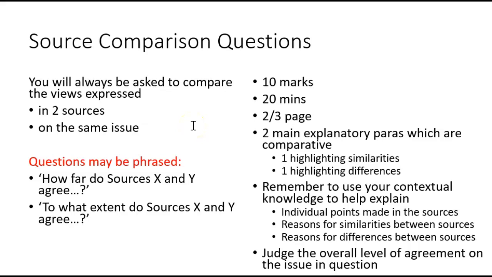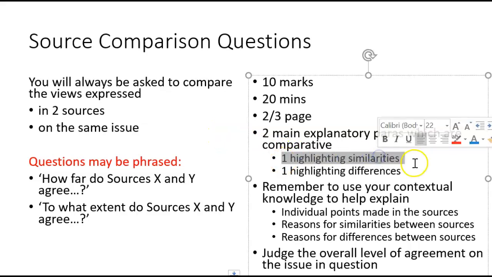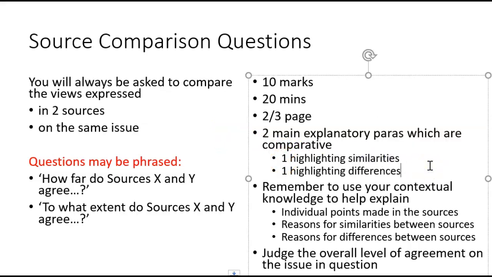What you'll be asked to do is compare two sources on the same topic, and you'll need to discuss how the sources are similar in a paragraph, and then also how the sources are different in a paragraph.